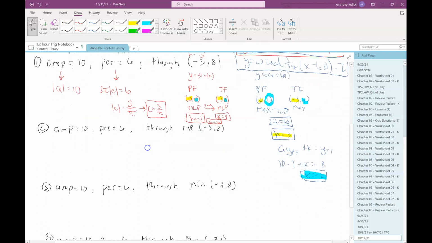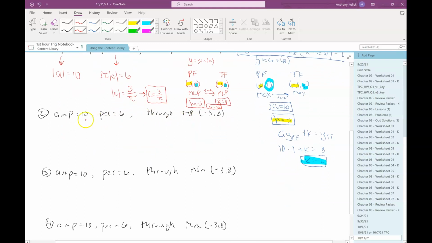Okay, so let's do this again for a new example. This time, same conditions, the amplitude is 10. So that just tells us the absolute value of A is 10. The period is still 6, so we can still say that C is 3 over pi.